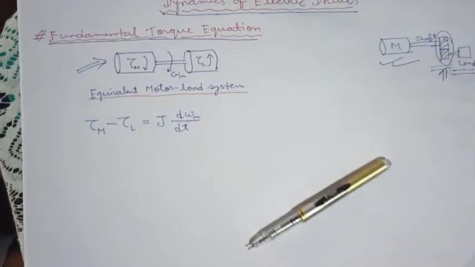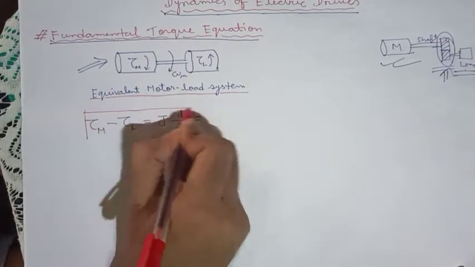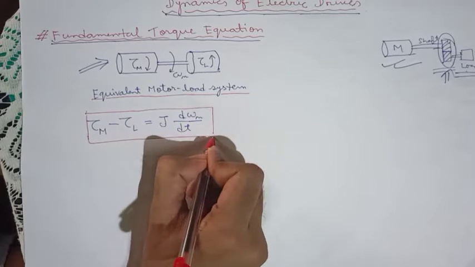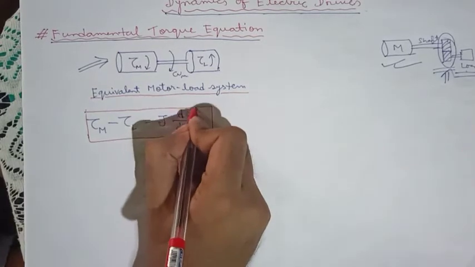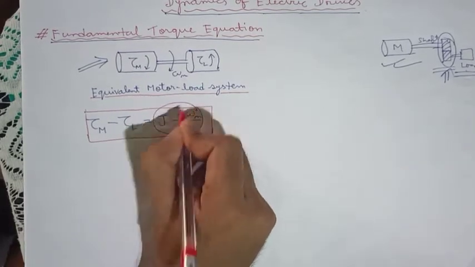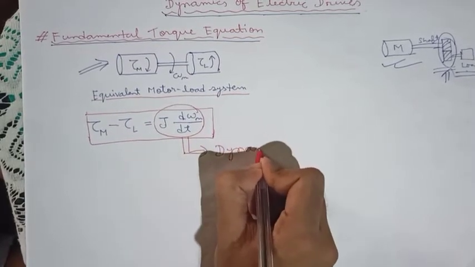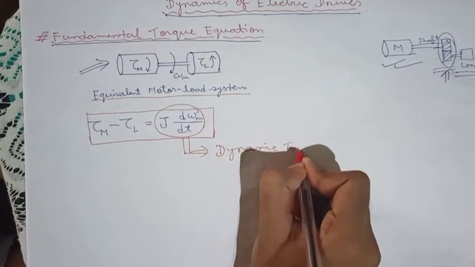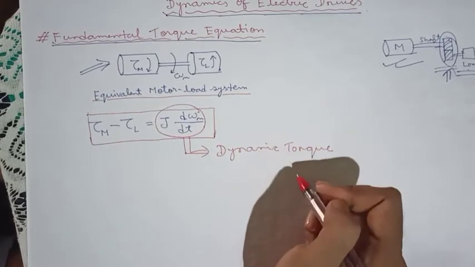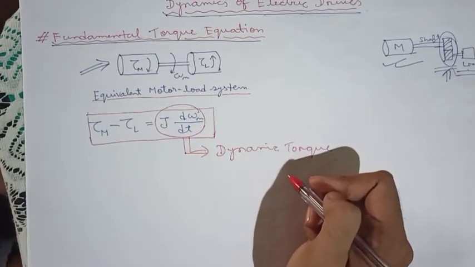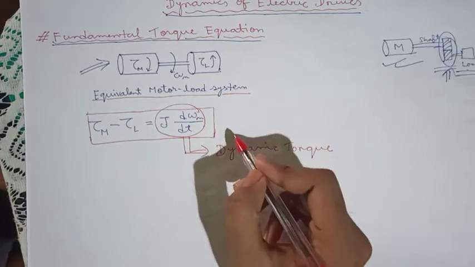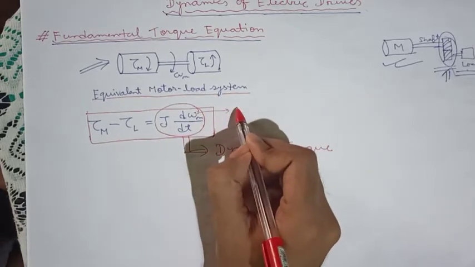Now in this fundamental torque equation, the term J d/dt of omega m is very important. It is known as dynamic torque. It is called dynamic torque because it is present during transient operation, like when the speed changes, this term changes.